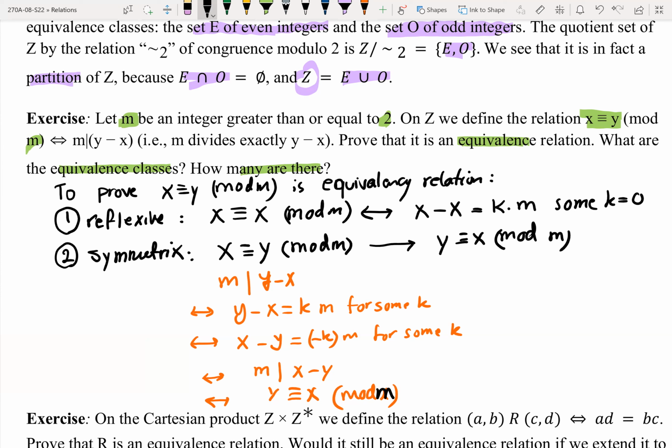If X and Y in mod M have the same remainder, Y and X have the same remainder in mod M. It's fine if you don't write the proof in orange, but that's just to make clear what's happening behind that concept when you're dividing by M.